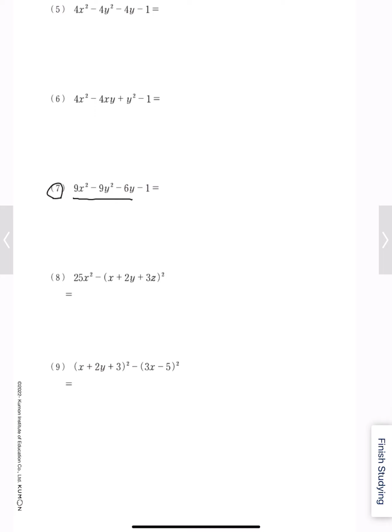First, when we're dealing with the 9x squared minus 9y squared minus 6y minus 1, how do we find out what they have in common? Like, do I have a lot of things I can refer to so that I can break this down into different pieces? Huh. Let's try different things.